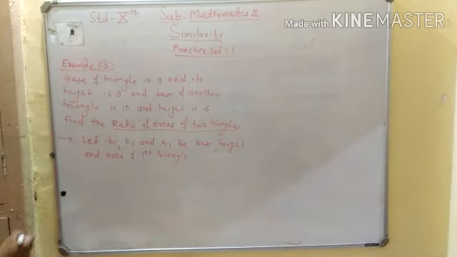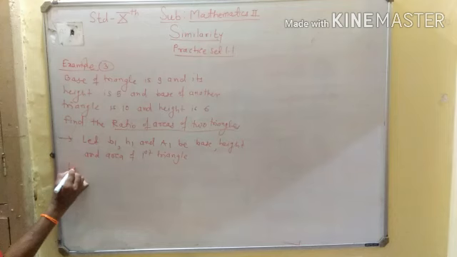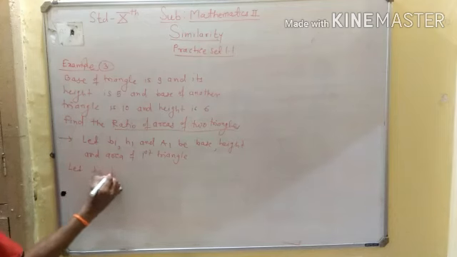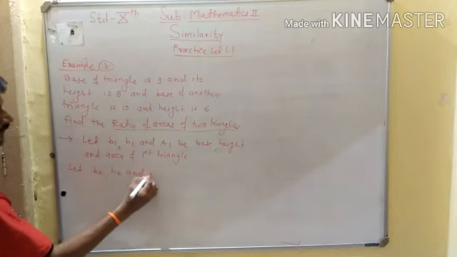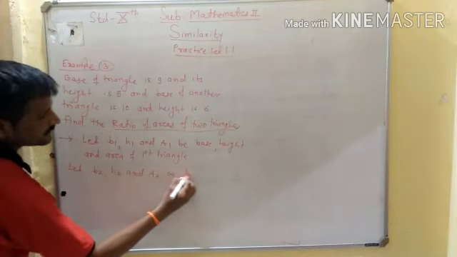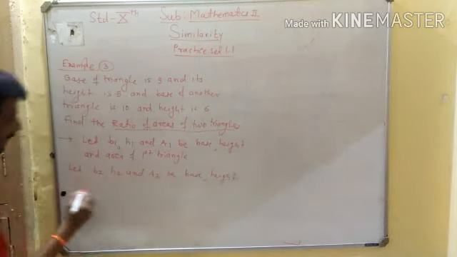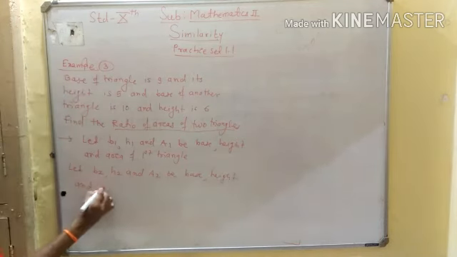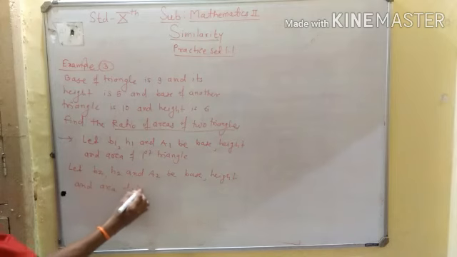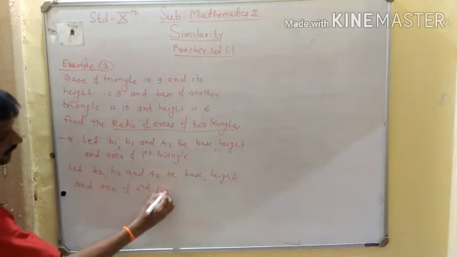Okay. Let B2, H2 and A2 be base, height and area of the second triangle.